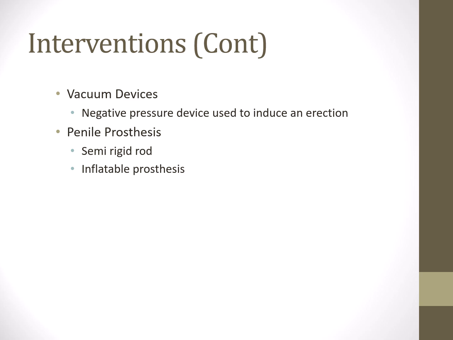There are semi-rigid options or inflatable options. Semi-rigid results in permanent erections, while inflatable options involve placement of 2 cylinders and a saline reservoir that use a pump to move saline from the reservoir to the penile cylinders, causing an erection.